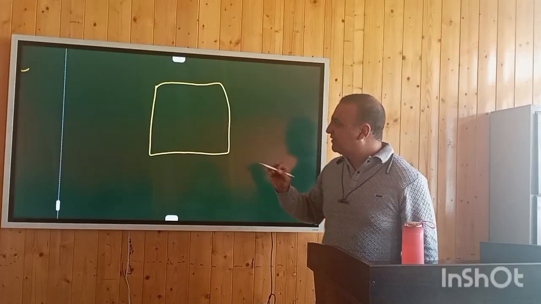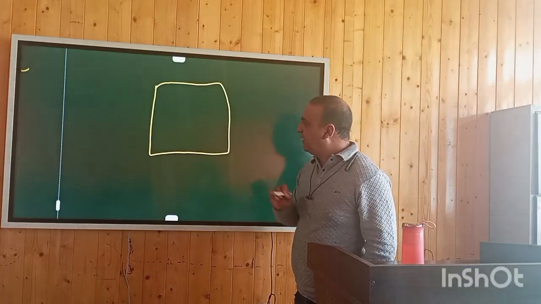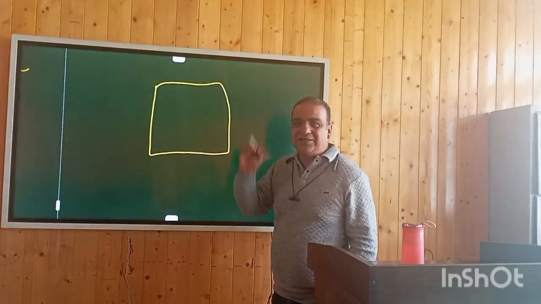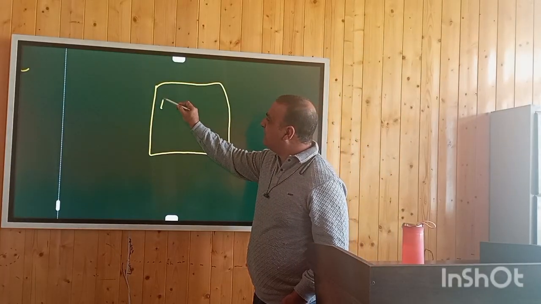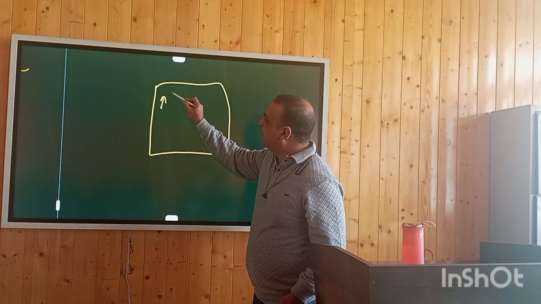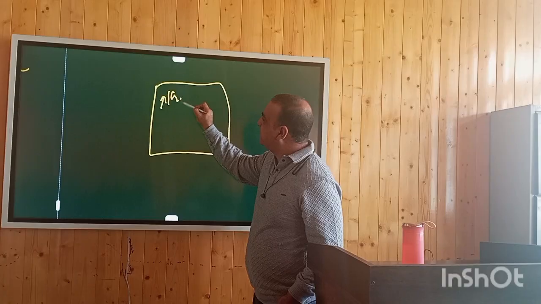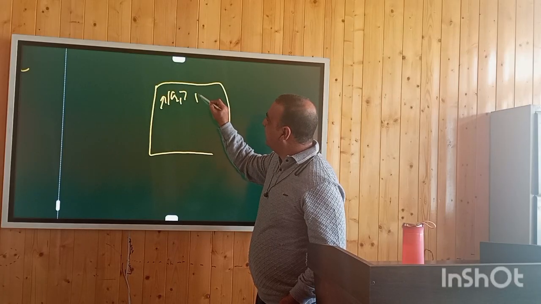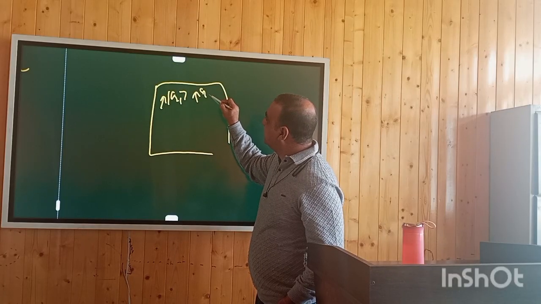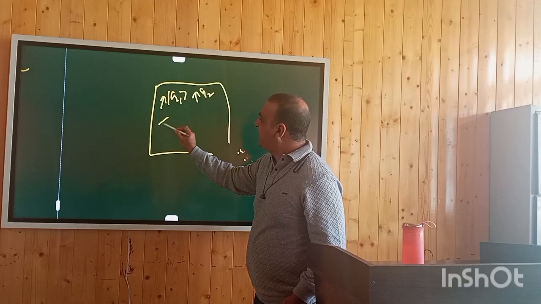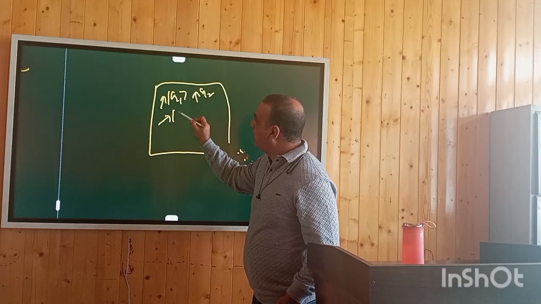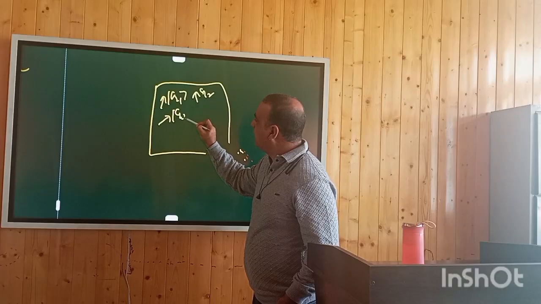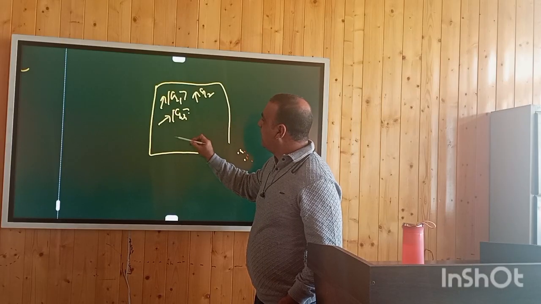Now suppose we have a space like this, a vector space, and in this space there are vectors living, say zeta 1. Another vector is zeta 2. Here is another vector, say zeta 3.